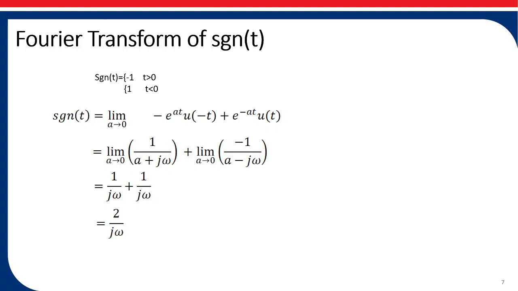So signum function can be expressed in terms of exponential functions: limit a tends to 0, e raised to at u of minus t plus e raised to minus at u of t. Why use this simplification?